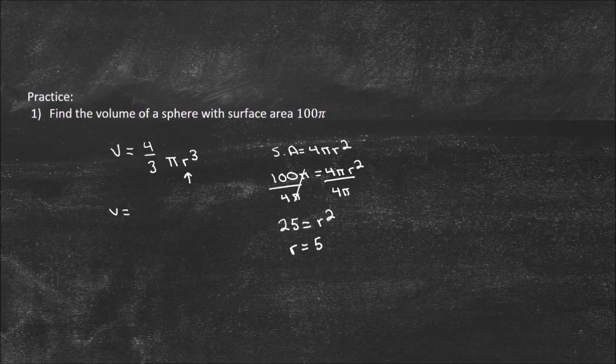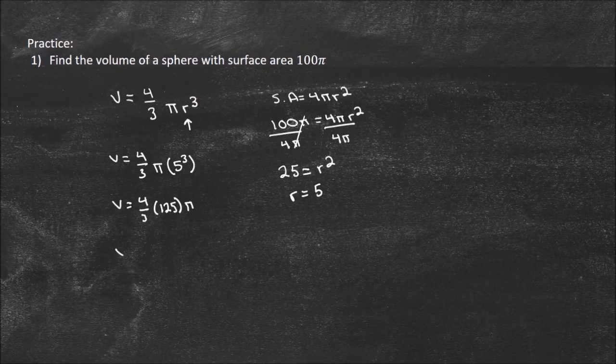So V is going to be 4 divided by 3 times pi times 5 to the third. Now, what's 5 to the third? 5 times 5 gives me 25, and 25 times 5 gives me 125. So I have V equals 4 divided by 3 times 125 times pi. What's 4 times 125?